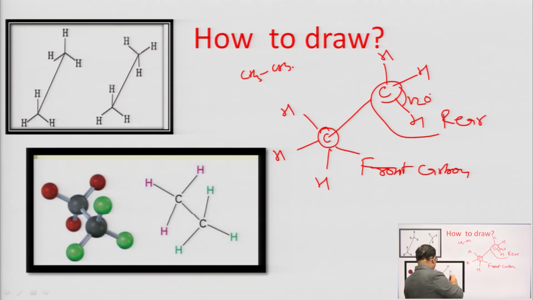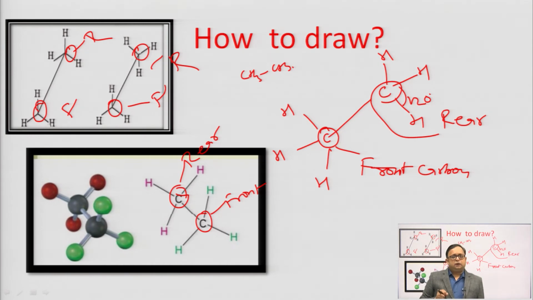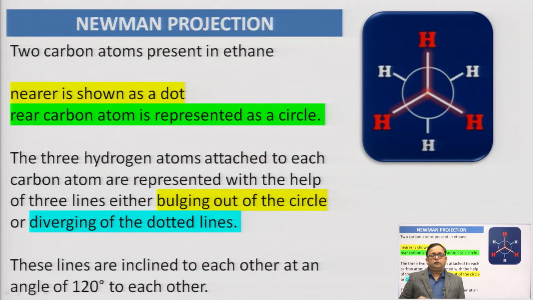Here you can visualize front, rear, front, rear. So, it is very much clear that the lower end is representing the front carbon and the upper end is representing the rear carbon atom.